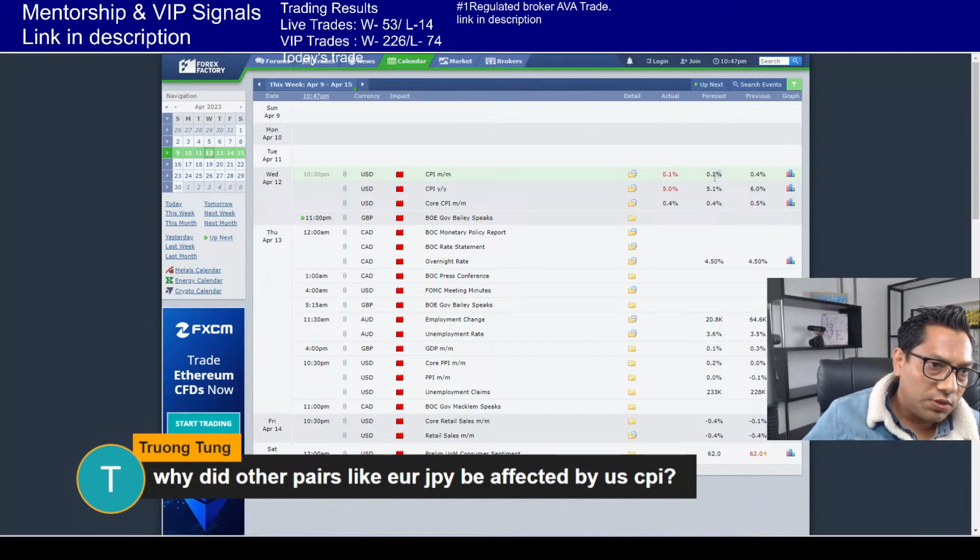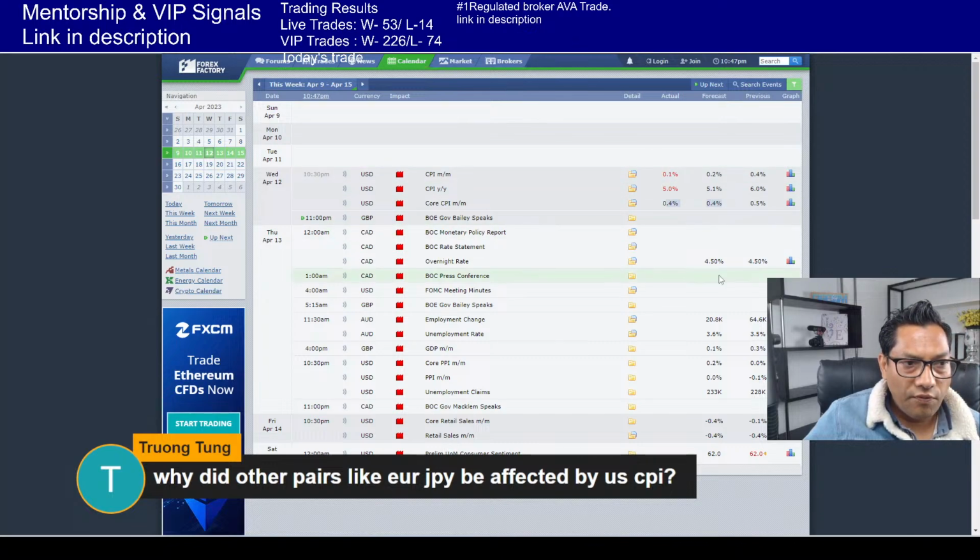The forecast was 0.2% and the actual is 0.1%, a weakness on DXY. The forecast was 5.1%, pardon me, and the actual is 5%, and core CPI is almost the same.